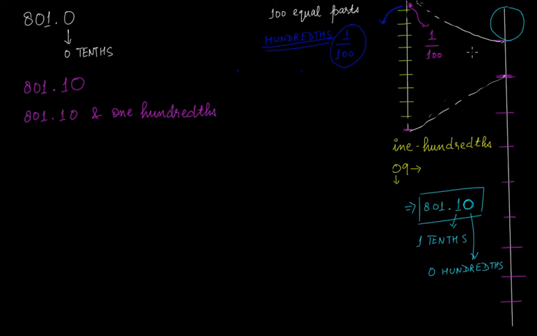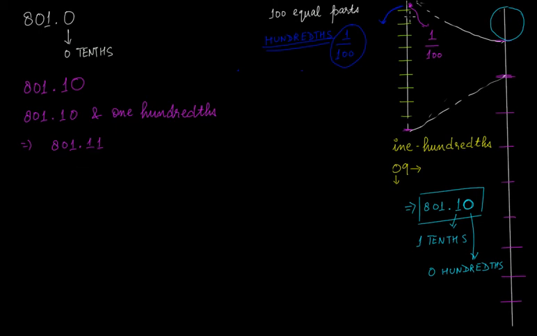Why 100ths? Because this has been given to you. Therefore, now this space will not be 0 because now you're having 100ths. So this will be 801.11. Is that clear to you?